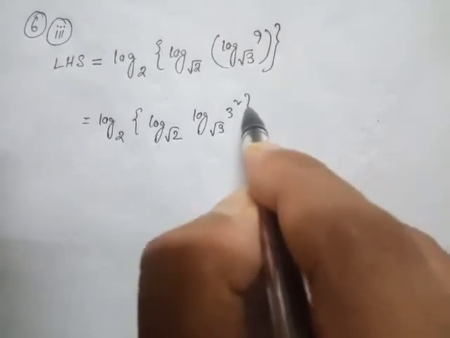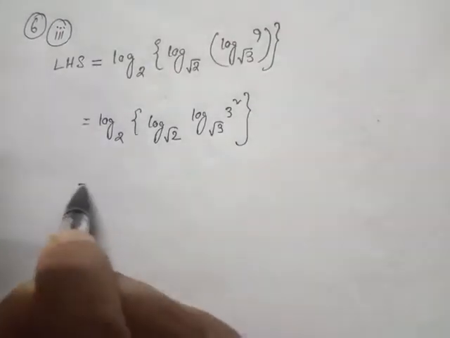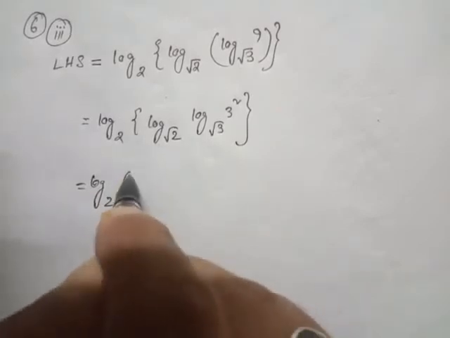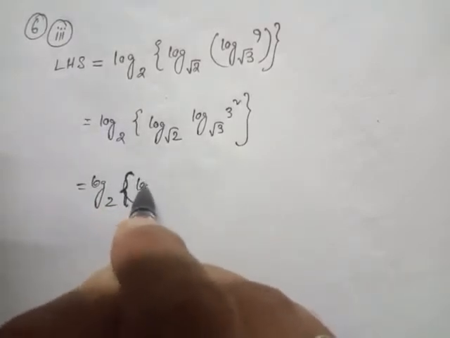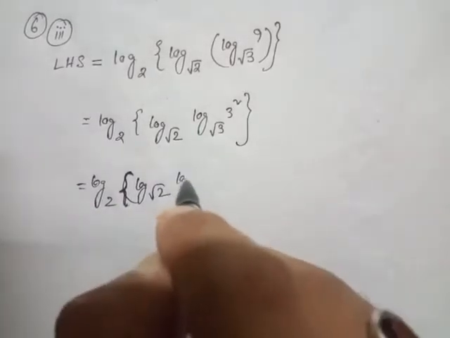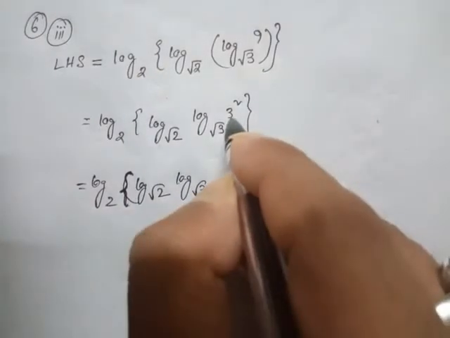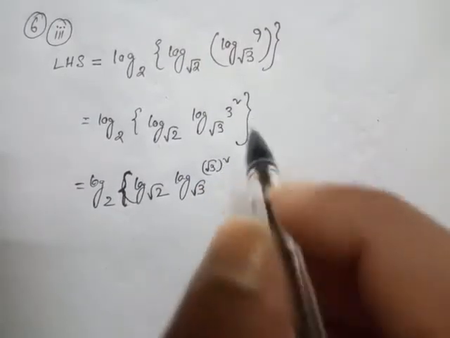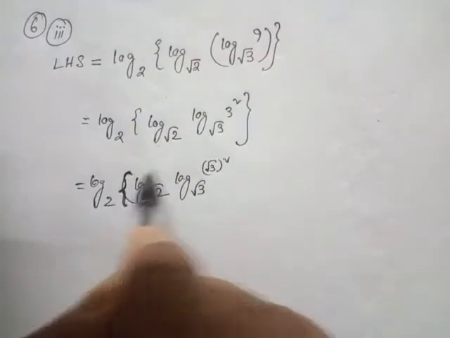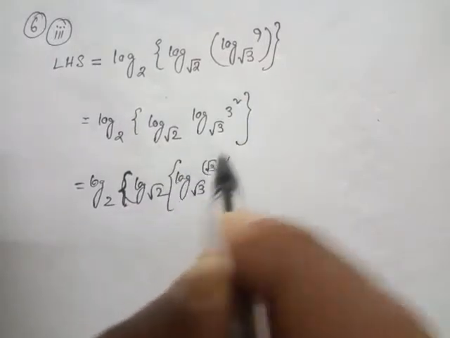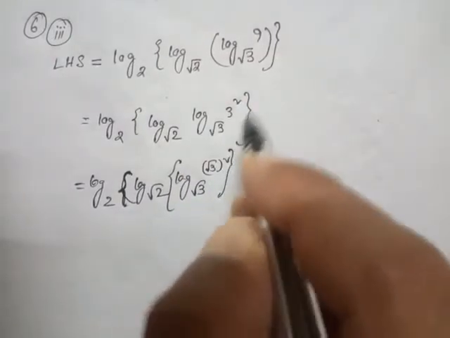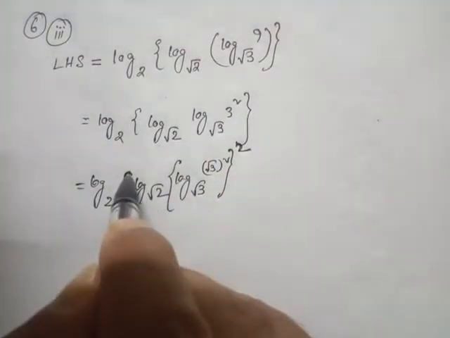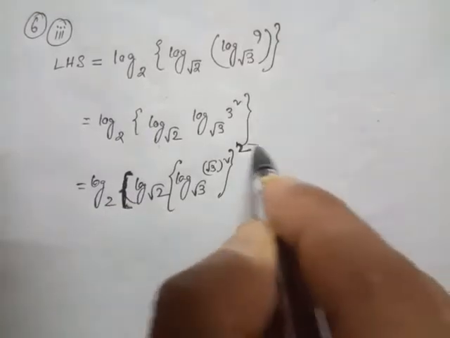Now look, after that the next one would be log base 2 and second bracket, then log base root 2, there is log base root 3, and these 3 can be written root 3 square and whole to the power. I'm giving here second bracket now, whole to the power, these 2 will be here, so then this could be third bracket.